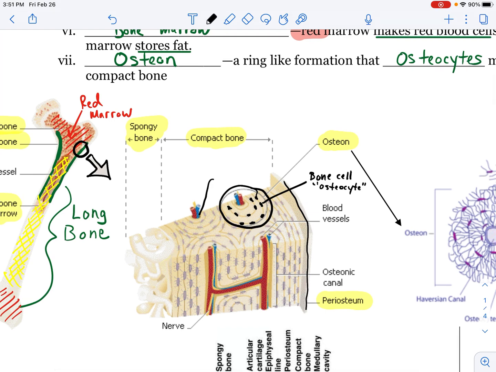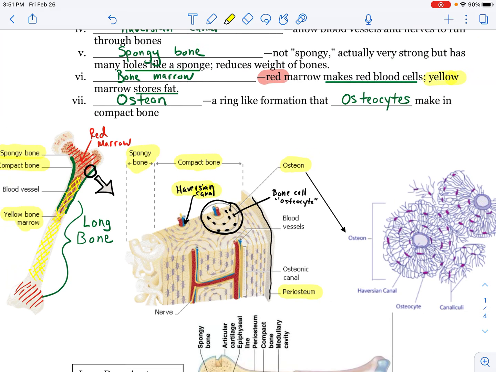And then running down the middle is a Haversian canal where blood vessels and nerves can run because they have to have space in order to get through the bone. Now over here they call it an osteonic canal, and that's just a synonym for Haversian canal.